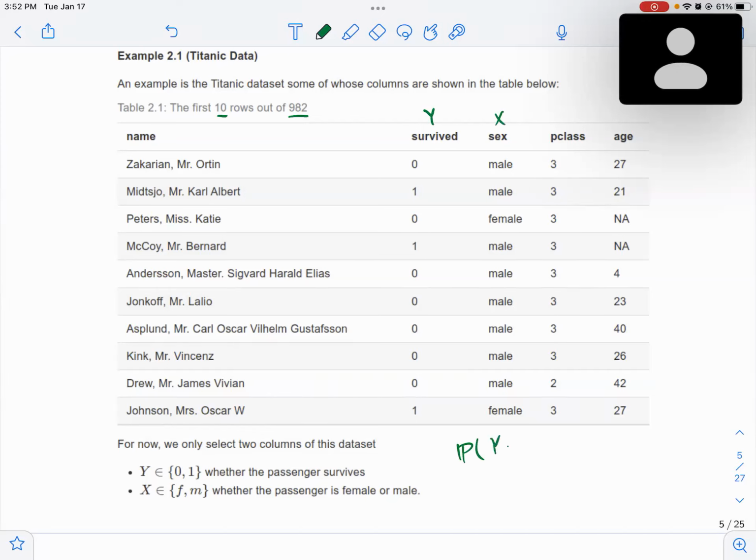The probability that y is equal to, let's say, 1, and x is male. So I'm going to put a hat here because it's going to be an estimate. So how should I compute the estimate? What is a reasonable estimate?